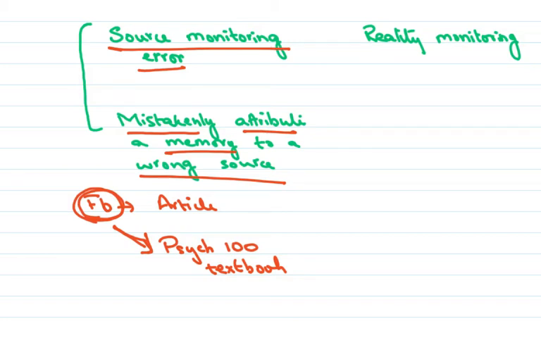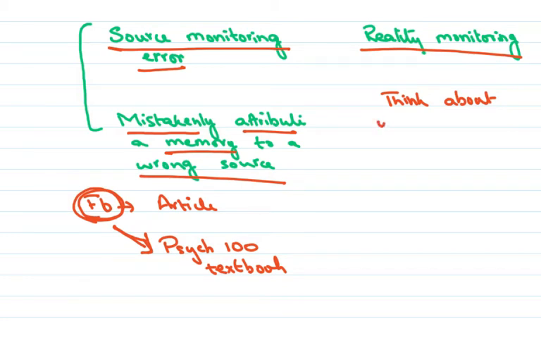On the other hand, reality monitoring is basically when you try to think about whether something actually happened or whether you only thought that it happened. So it's basically you thinking about how real this particular memory is.